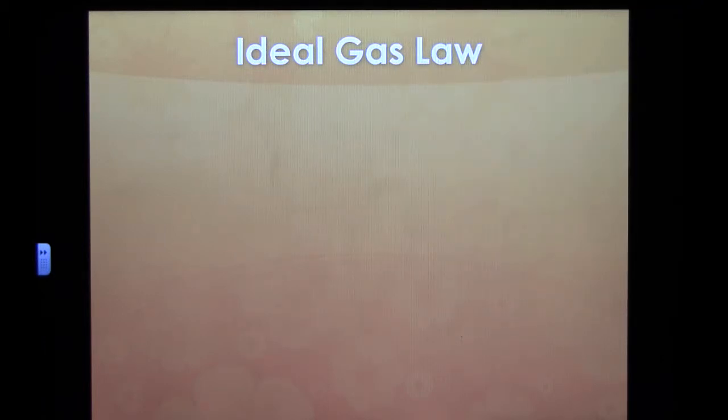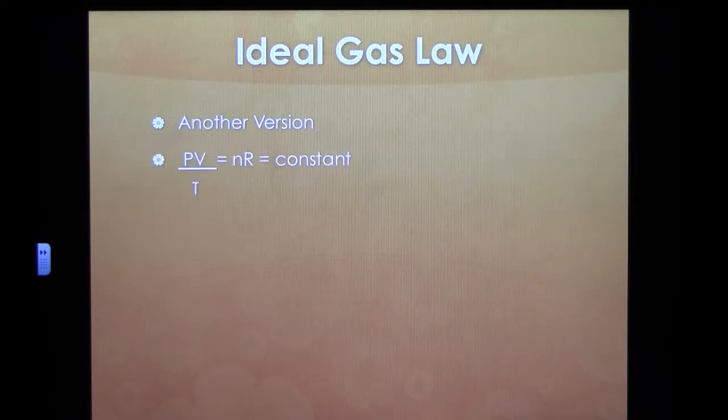Another version that is often used is more of a comparison between two different states. We can rearrange the ideal gas law formula to get n and R on one side. So we find P times V divided by T is equal to n times R. n is the number of moles, which is constant, and R, the universal gas constant, is also constant. So therefore, nR is constant, or PV over T is constant too.